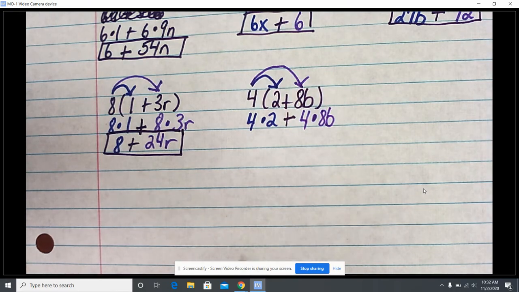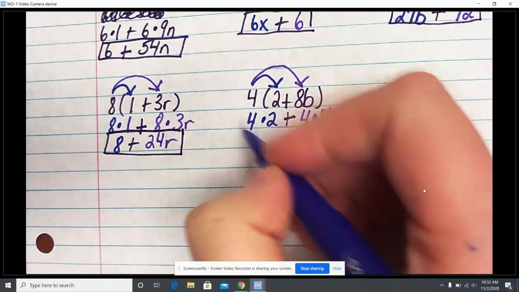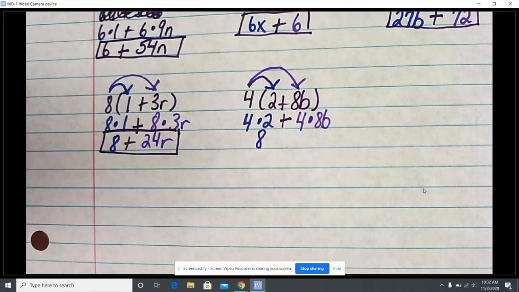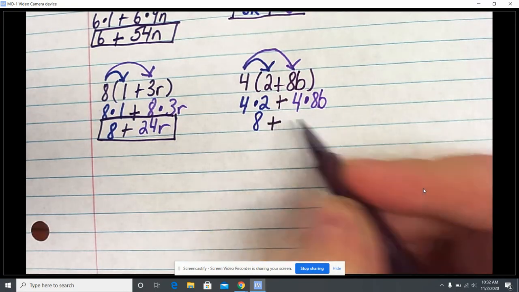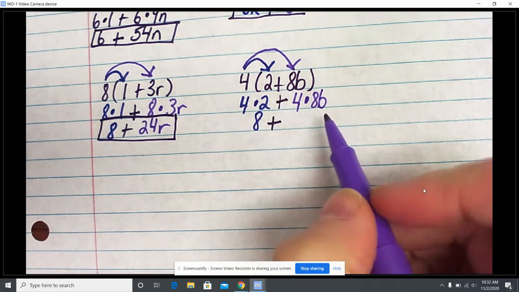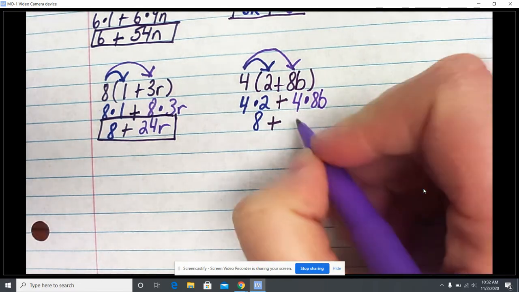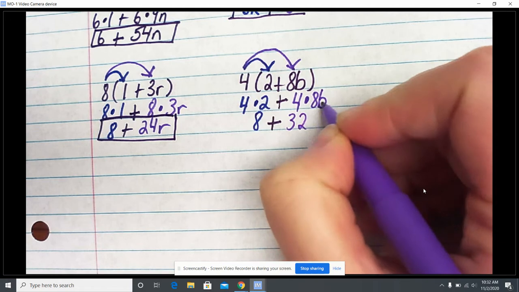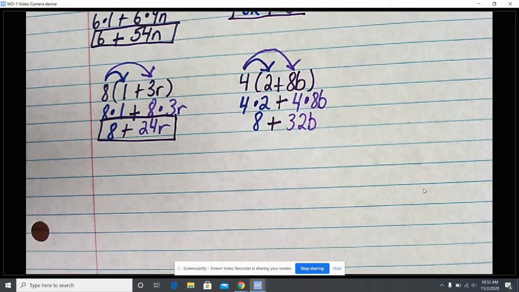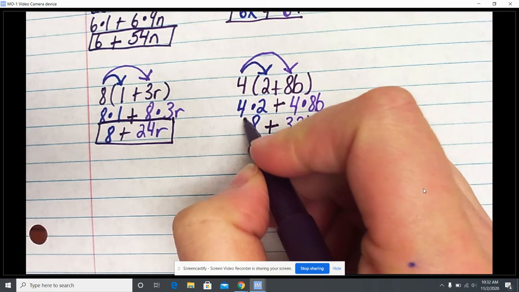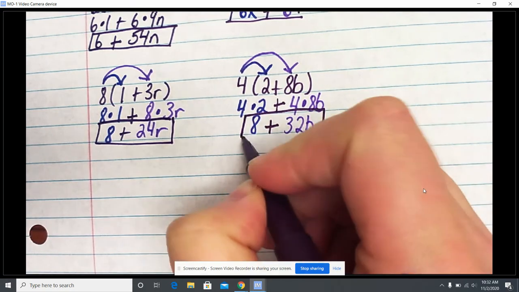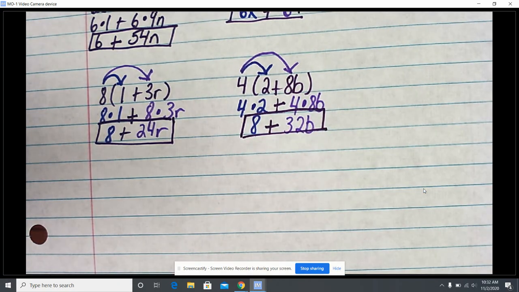All right, well first I've got to work out my 4 times 2, which will give me 8, plus, and I'm taking 4 times 8b, so 4 times 8 will give me 32, and then just put my b with that. Since those aren't like terms, we cannot add them together, so that is my answer, 8 plus 32b.